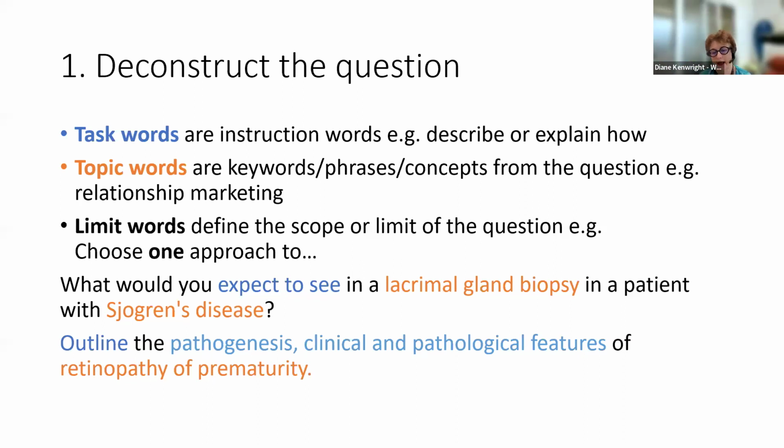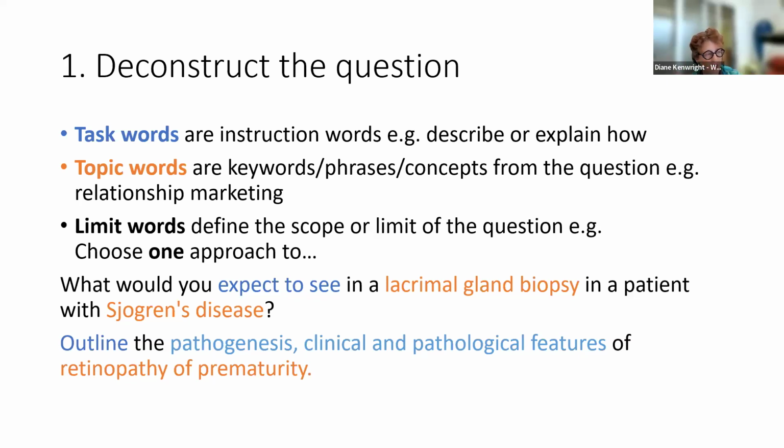Right, the clinical and pathologic features. So when people want clinical features, they want what you can see in the clinic, and that includes using the slit lamp and ophthalmoscope. The pathological features overlap with that instruction, because when people talk about the pathological features, they also want the macroscopic pathological features.